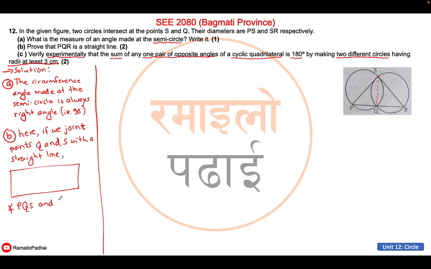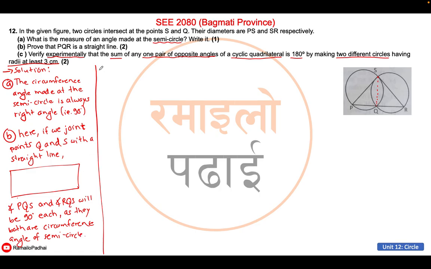and angle RQS will be 90 degrees each, as they both are circumference angles of a semicircle.